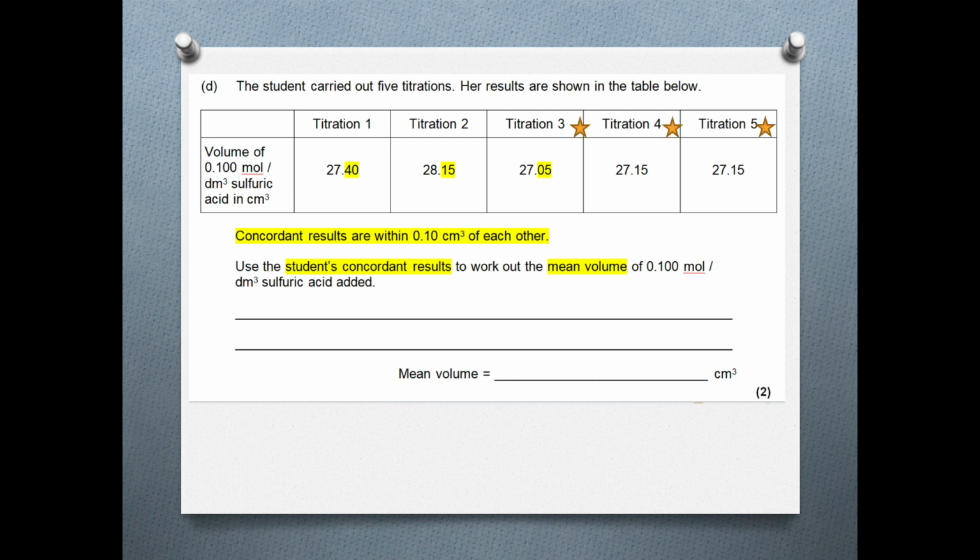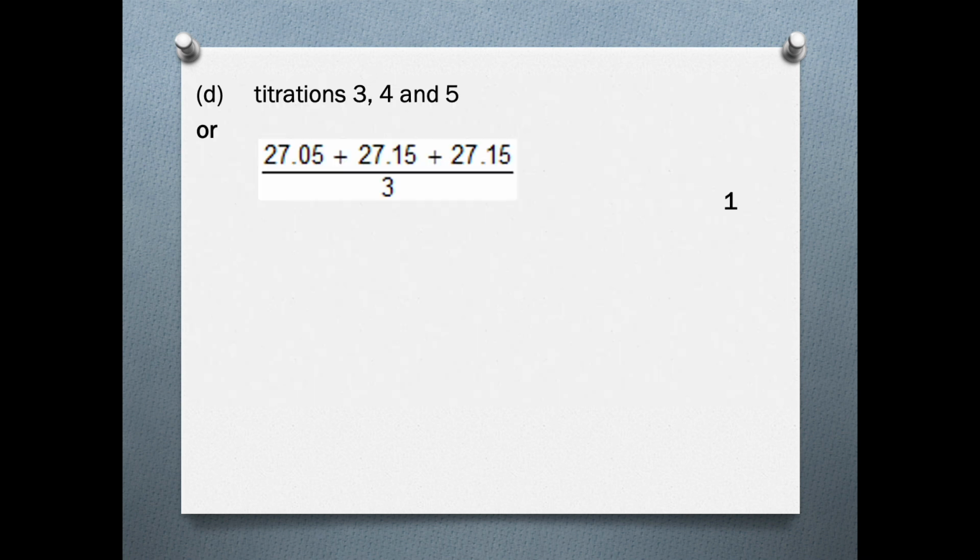These three lie within this range, so all you do is add them together and divide by 3. If you look at the mark scheme, that's exactly what they've done here, and your answer would be 27.12. Do you notice how many significant figures I have? It also matches the values placed in the results table. It's consistent.